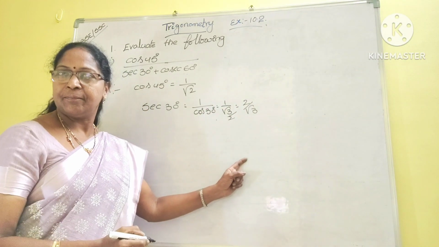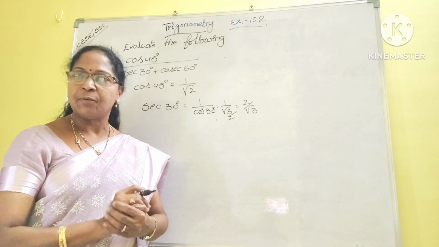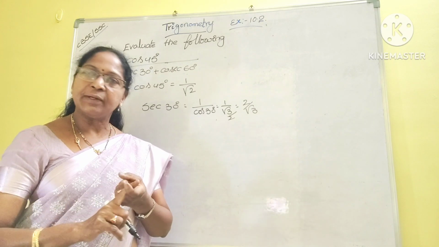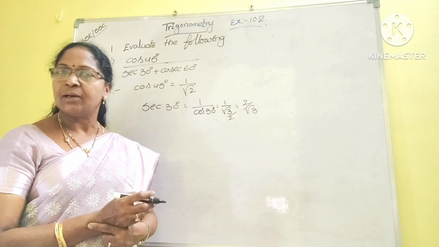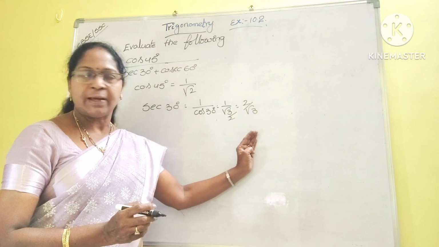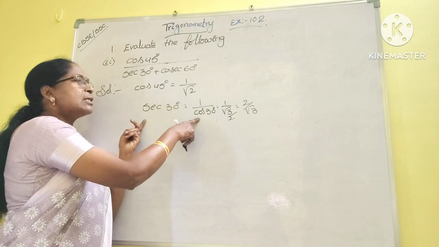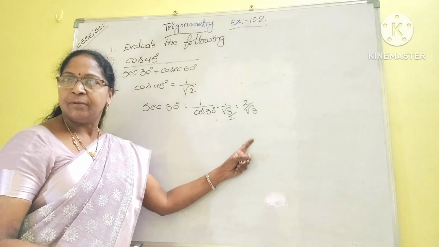This is the value. Sin, cos and tan, these three values you have to learn by heart. The reciprocal of tan is cot, the reciprocal of sin is cosecant, and the reciprocal of cos is secant. No need to find the value like this. If you know the cos 30 value, you can directly write the reciprocal value, that is 2 by root 3.